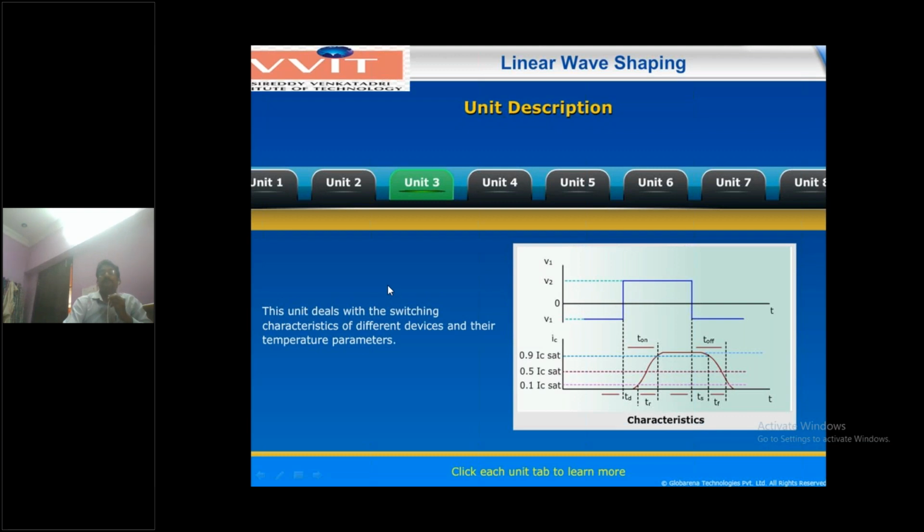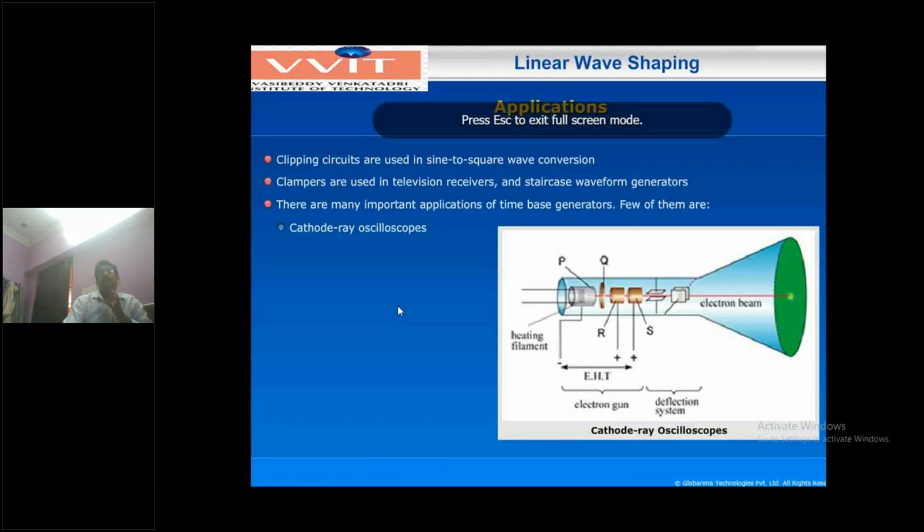The second part of the third unit is the bistable multivibrator: what a multivibrator is, what the different types are, and the different types of bistable multivibrators. In the fourth unit you will study monostable and astable multivibrators, the fifth unit is time-base generators, and the sixth is logic gates and sampling gates.